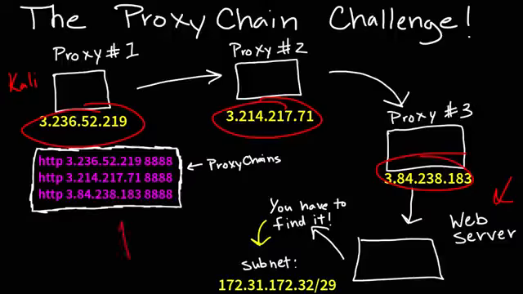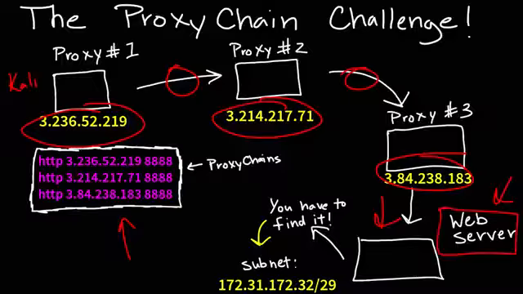Now you must use all 3 proxies in this order in your configuration file. Why? Well, because you can't access this proxy directly right here. You can only access it from this IP address. Once you have your proxy set up and you have all your traffic going through these proxies, you'll get to here where you have to find this web server. This web server has a private IP address in this range right here.